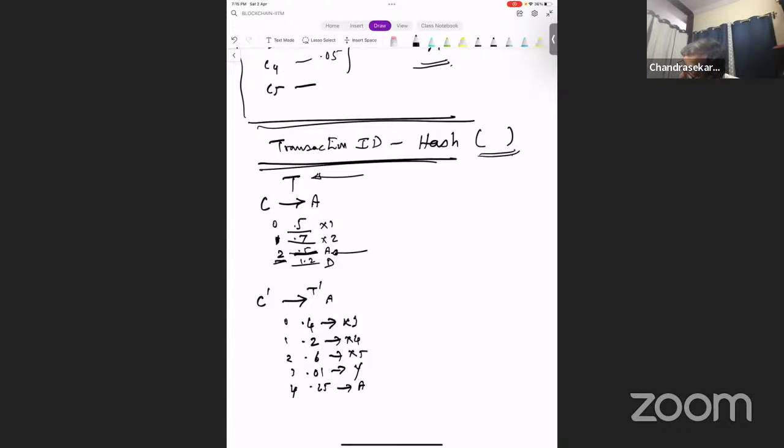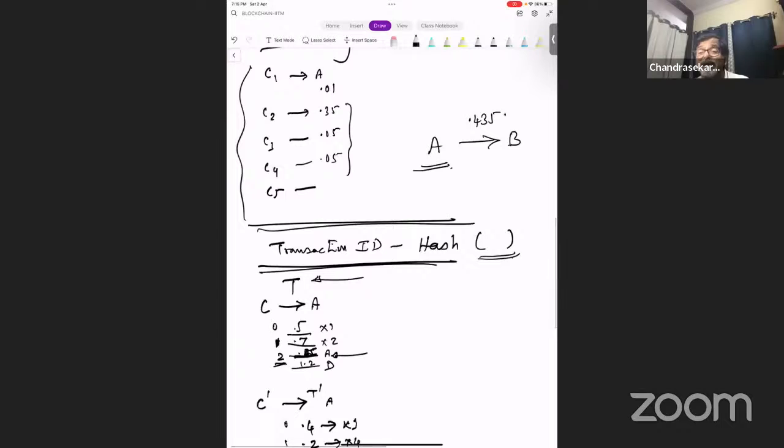Let us say this is also 0.25. If it is 0.25, take the second output of T and the fourth output of T dash, take both. Together it makes 0.5. Now I'm going to use that 0.5 to enable this transaction of 0.435.